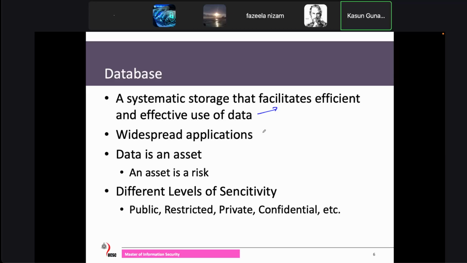Also, there are different varieties of databases, like centralized databases and distributed databases, cloud databases. And if you look at the data model, again, we will see relational databases, SQL, NoSQL databases, likewise, quite a diverse area right now.